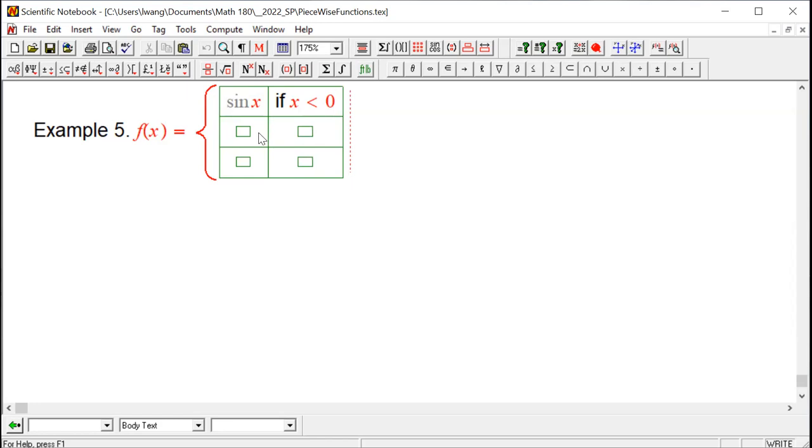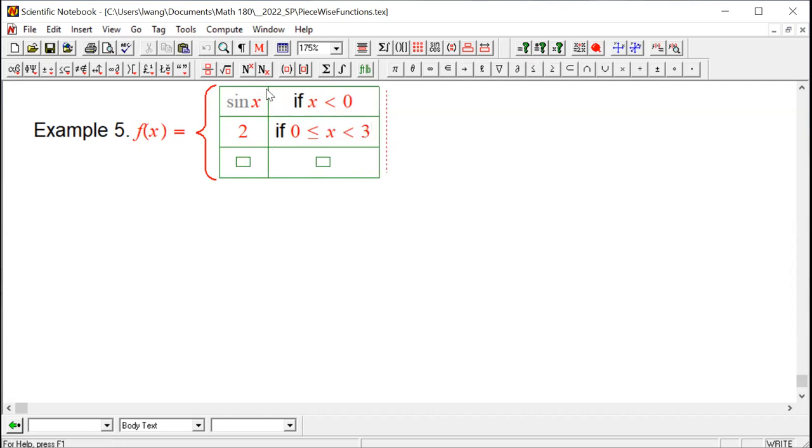The second piece is 2, if x is between 0 and 3, 0 less than or equal to x less than 3.